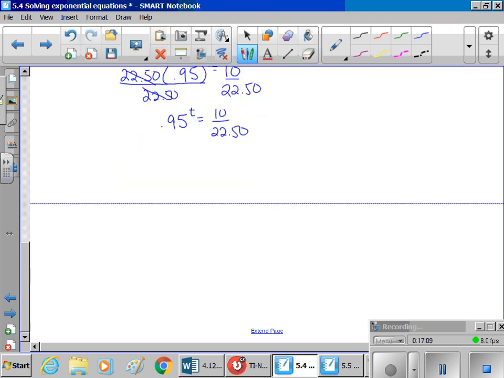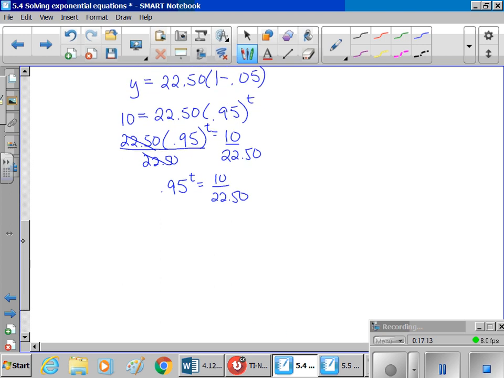Just bring this up a little bit so you can see it. So we get t log 0.95 is equal to log 10 over 22.50. Divide both sides by log 0.95.